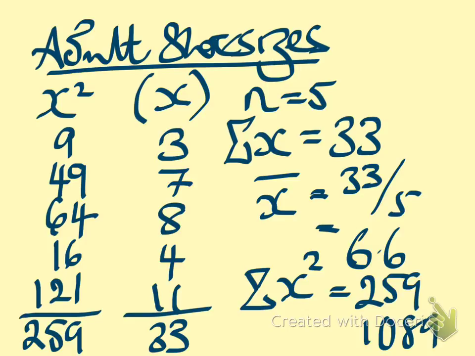So the sum of x's squared equals 1089. Okay, so I'm going to take those numbers back onto the next page and we can have a look at that.